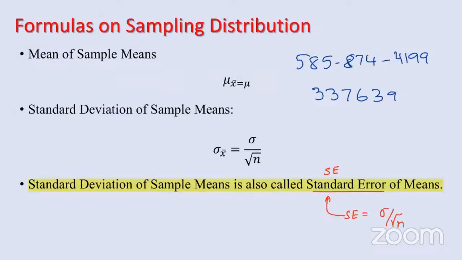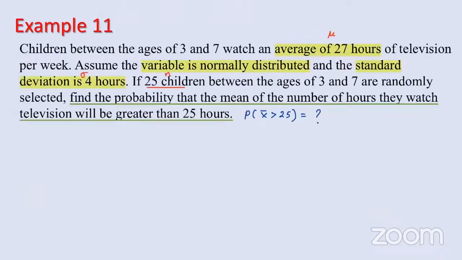So we have the information about the population. We can write this. About the population, what we know is it's a normal population, normally distributed. Mean is equal to 27, and standard deviation is equal to 4.